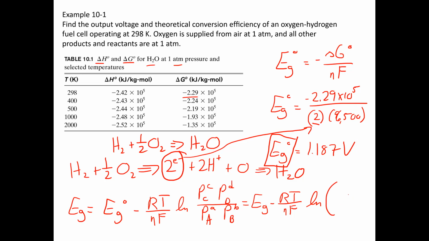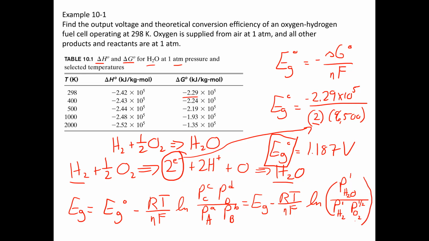In this case, on the product side, I have 1 mole of water. So the partial pressure of water raised to the number of moles of water would be one atmosphere, divided by the partial pressure of hydrogen, which is 1 atmosphere, raised to the number of moles of hydrogen, which is 1, multiplied by the partial pressure of oxygen raised to the number of moles of oxygen, which is 1/2, right?